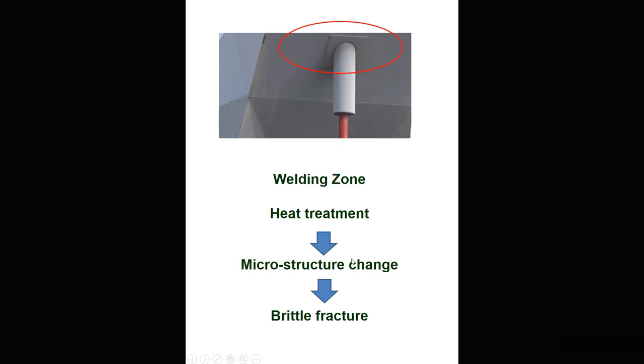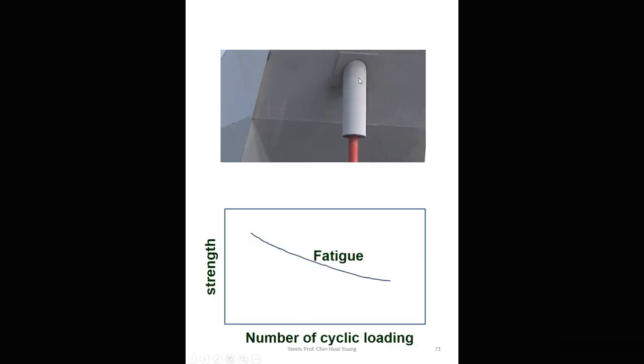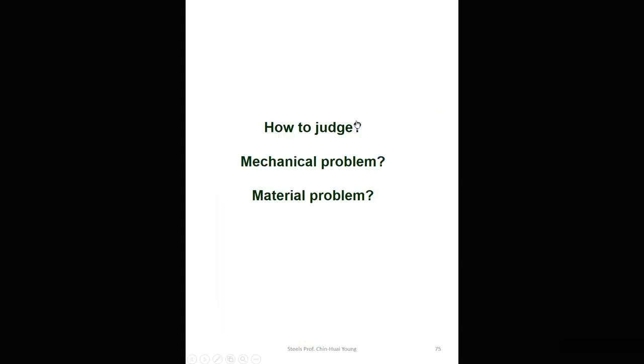I will tell you later about this. We will learn about it. So as a civil engineer, you need to know why, because you can calculate by mechanics of material that there is no problem, but finally it collapsed, so there should be a problem here. So how to judge? Is it a mechanical problem or a material problem? It's your duty because you are a civil engineer.